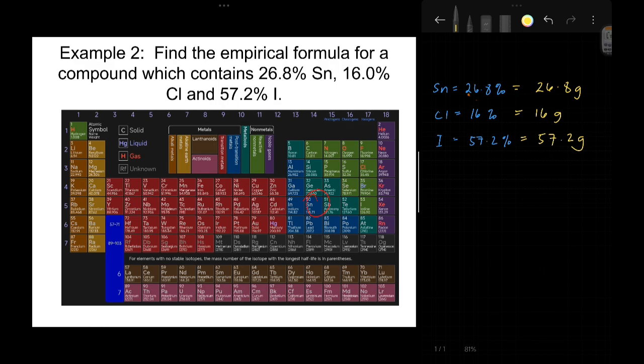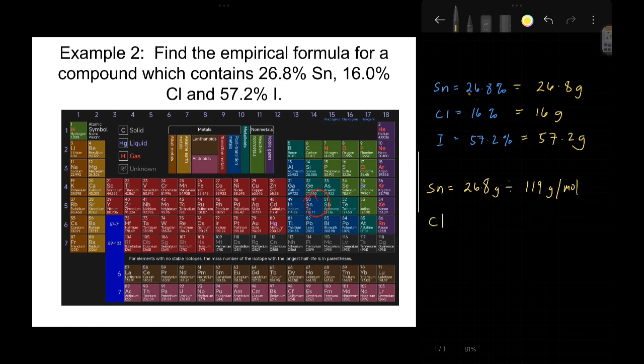So this is our tin. We got 118.7, or let's say that will be 119. So you write here for tin, 26.8 grams divided by 119 grams per mole.